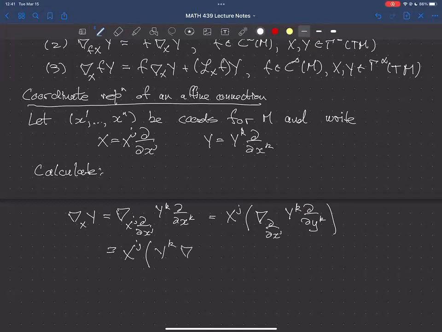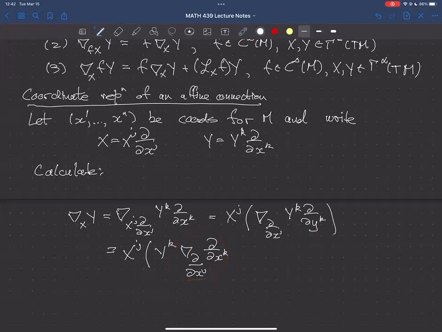Y^k nabla d/dx^j d/dx^k. So that's holding this fixed and then differentiating that. Okay, so that's what this is.